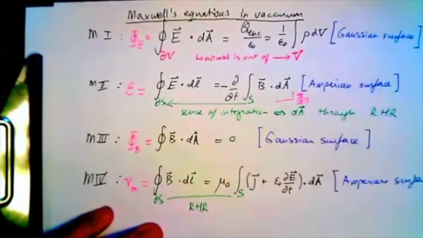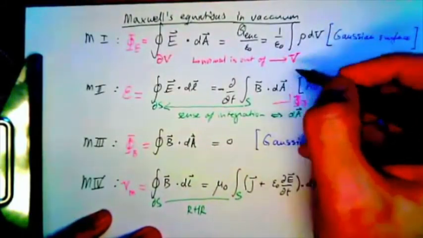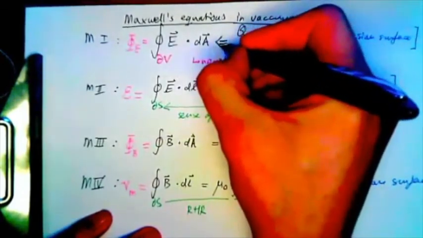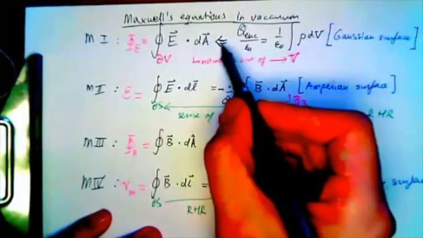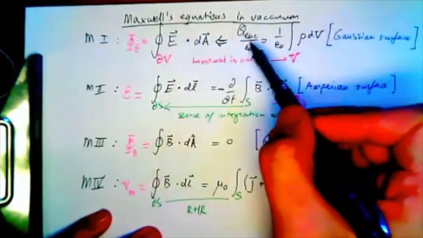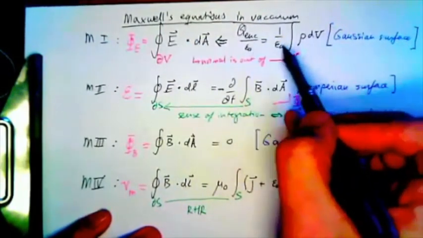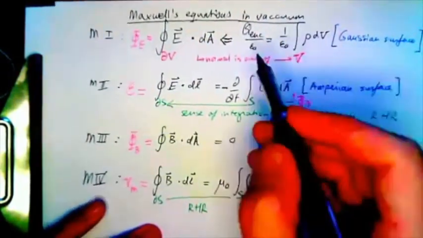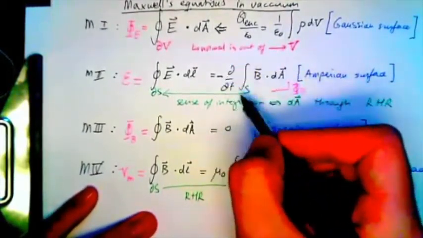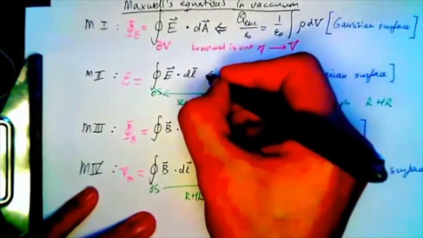Okay, but these are the equations that have all of the sources in. So what do I mean by that? Well, we know that this Q actually generates this E field, right? So this Q is the source of that E. And that Q over epsilon naught you can write as this volume integral. In this case, the time varying magnetic flux creates an EMF.